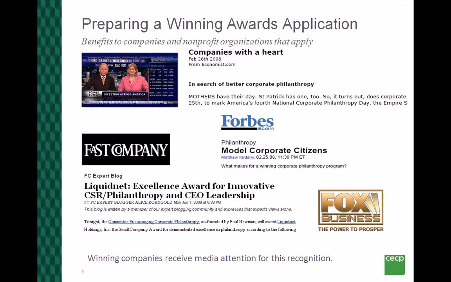CECP will work closely with the communications teams at the winning organizations to secure press opportunities. Award winners have received media attention for their philanthropy programs in a number of high-profile media outlets, which include Bloomberg News, CNBC, Fast Company, The Economist, Forbes, and Fox Business, among many others.